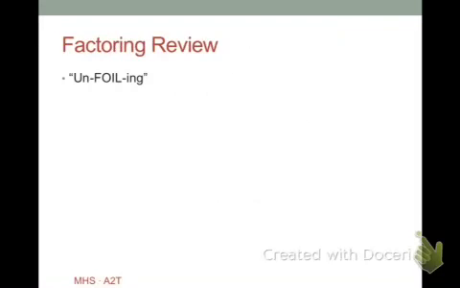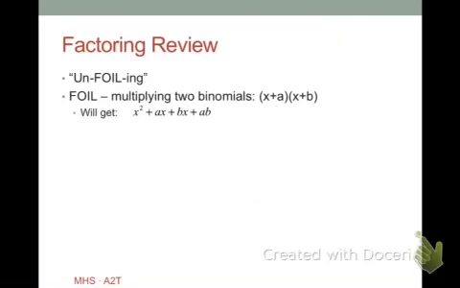Now, just by way of review, we remember that factoring is the process of unfoiling. Remember, FOIL is where you go first, outside, inside, last, and multiplying two binomials together. If you imagine that you multiplied x plus a times x plus b, you would get a quadratic, and it would look like x squared plus ax plus bx plus ab.